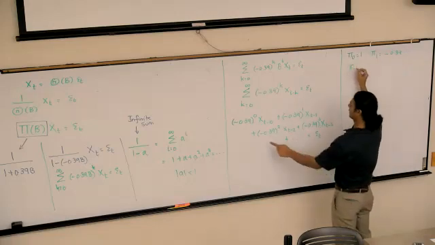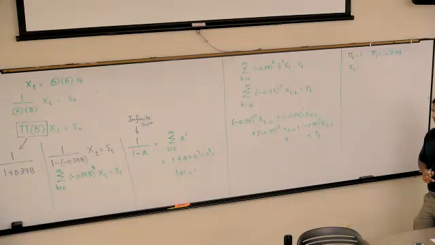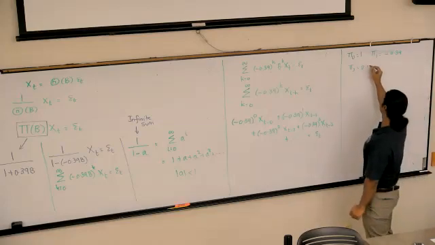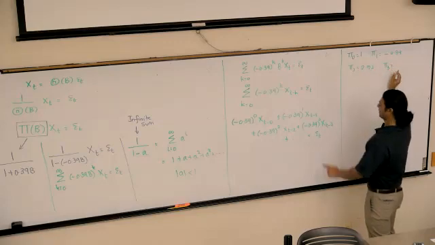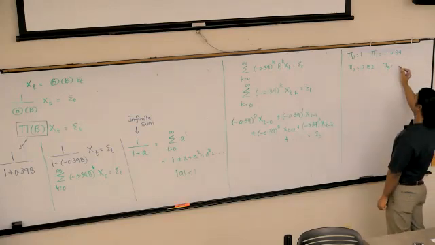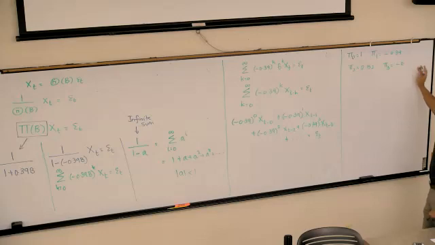Pi 2 is negative 0.39 squared, which is about 0.152. And pi 3 would be negative 0.06, approximately.